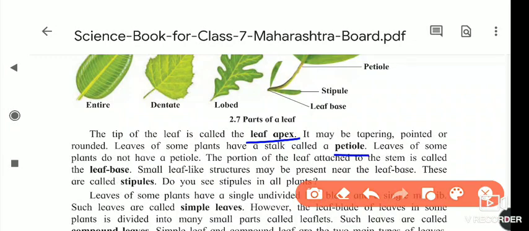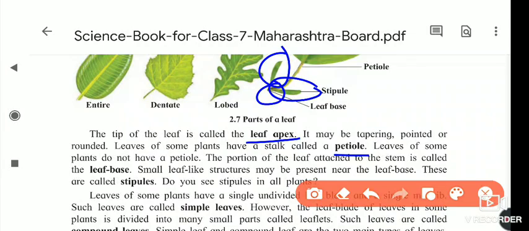Some leaves do not have petioles. The portion of the leaf attached to the stem is called the leaf base. This is the leaf base. Small leaf-like structures may be present near the leaf base. These are called stipules.